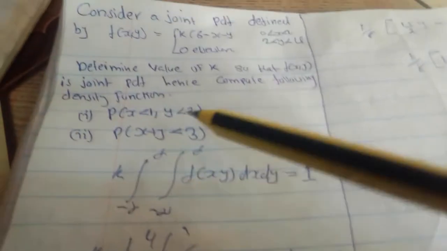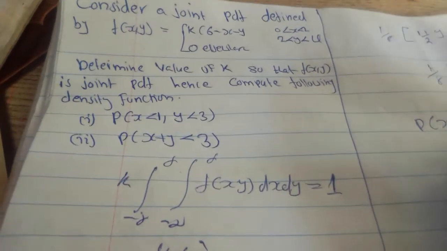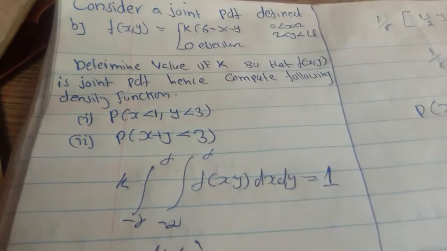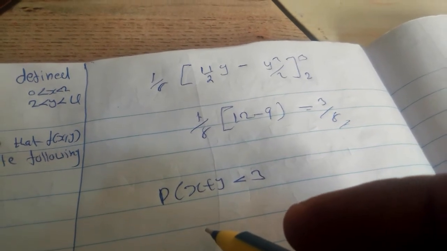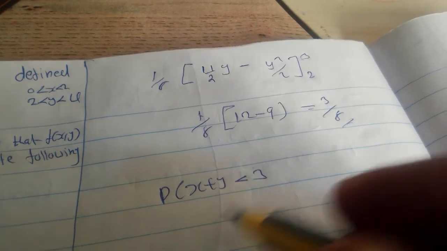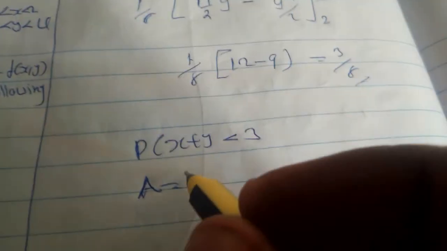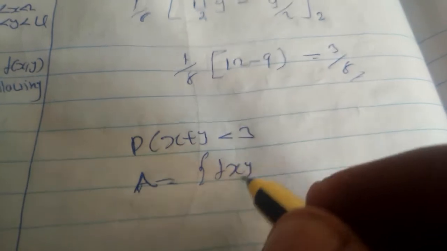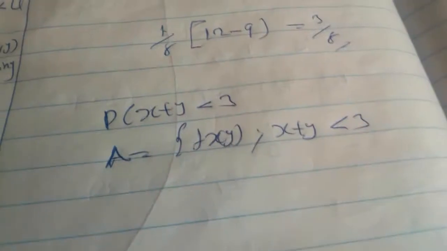So we come to number 3: the probability that x plus y is less than or equal to 3. For this one, the function of xy is integrable over a region A, where A is the region where x plus y is less than 3.